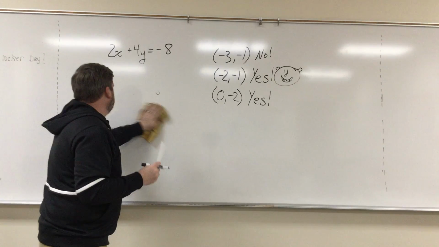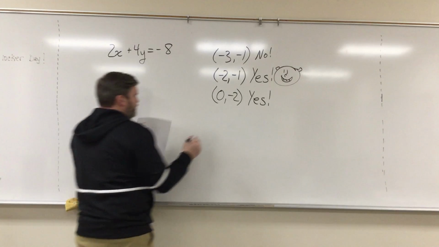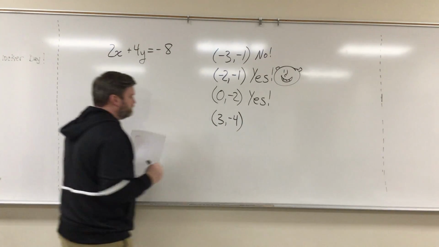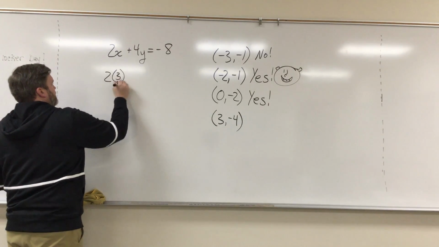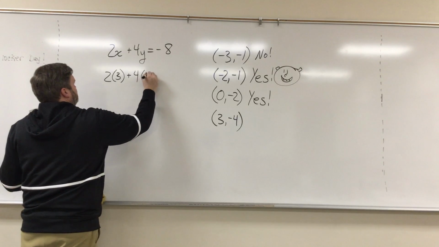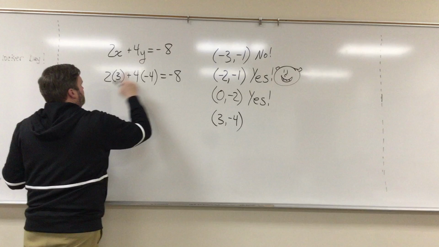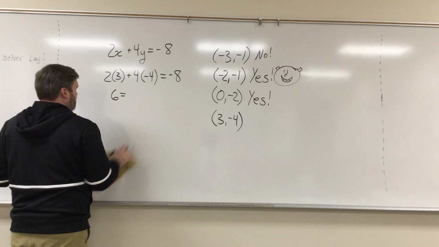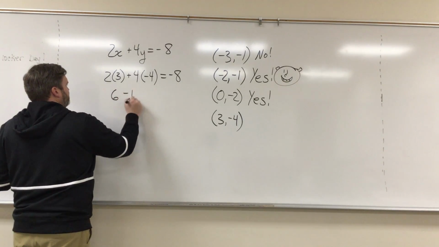Try a couple more, and then I'll let you go do your homework. Let's do 3, negative 4. So x is 3, y is negative 4. 2 times 3 is 6. 4 times negative 4 is negative 16.